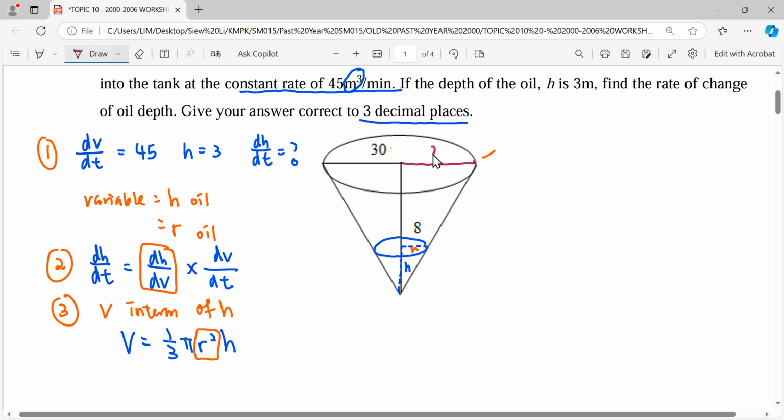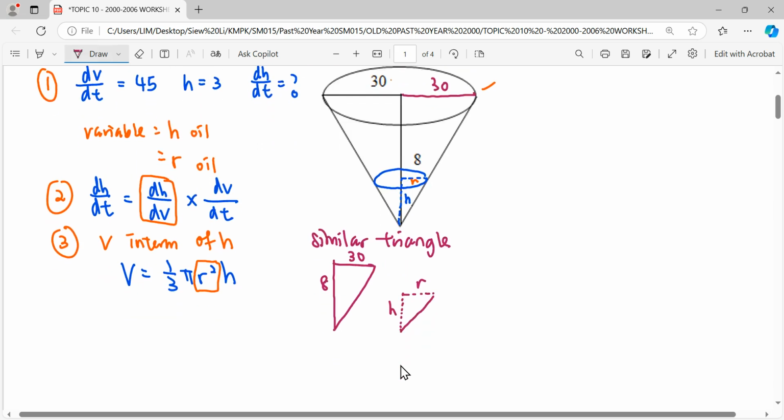From the container here we can identify another piece of information where this radius is 30. We can use similar triangles. From the conical tank, it is fixed: 30 and the height is 8. From the oil, we have a variable r and variable h, the depth of the oil.